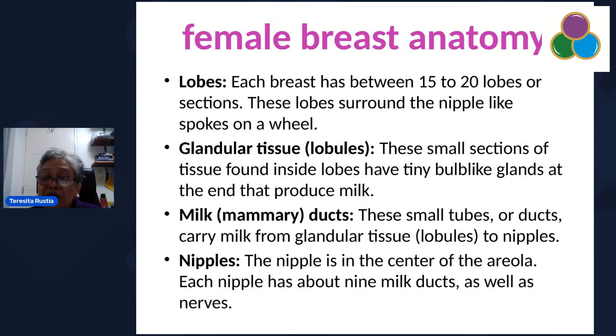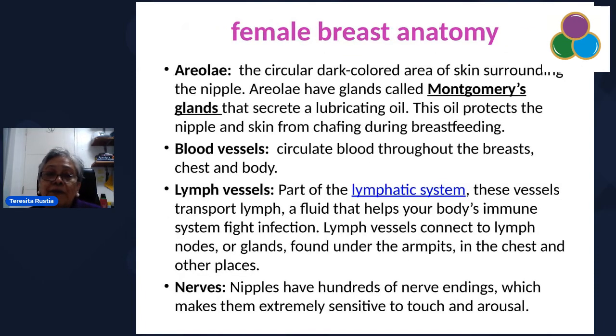In other words, there are nine openings of the milk ducts to the nipple. Also, the nipples are richly supplied with nerves. The reason is actually for arousal. It's called erogenous. All right, next slide, please.